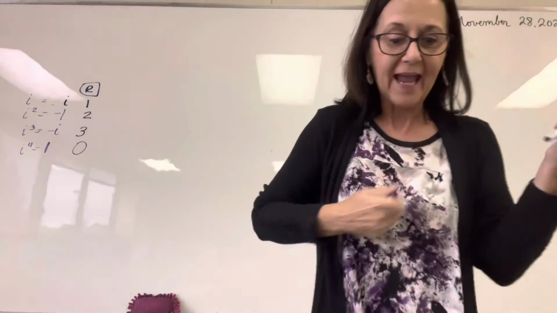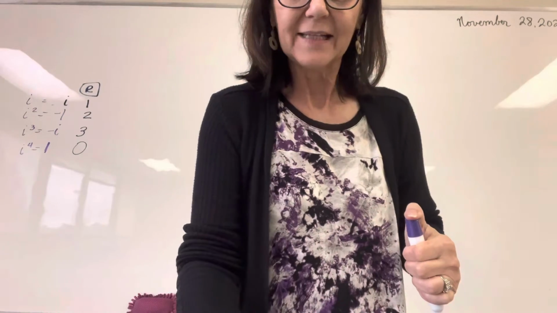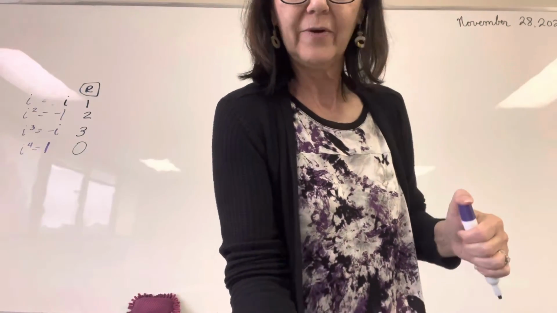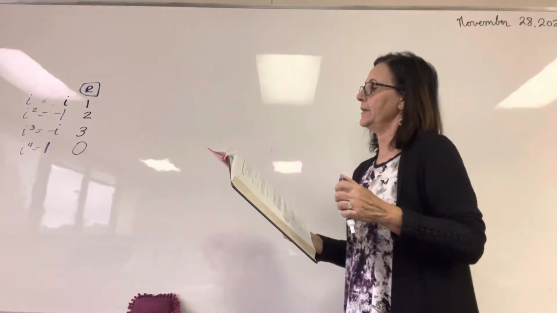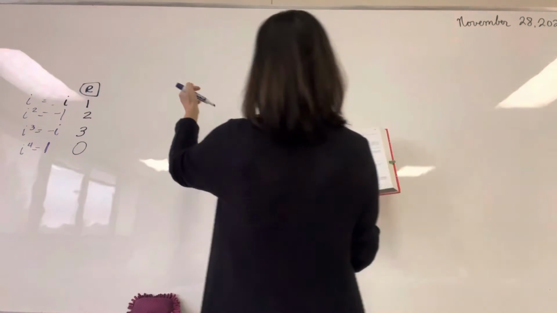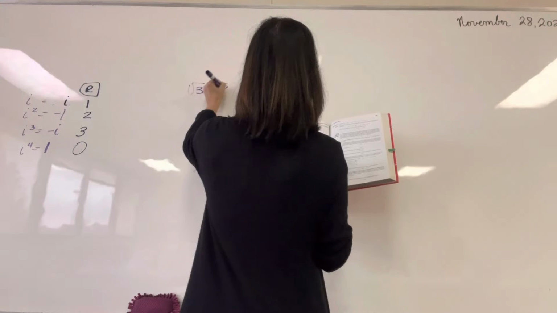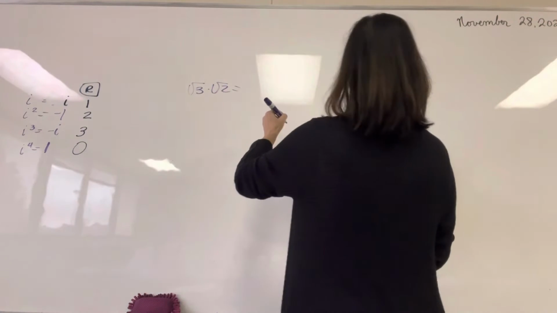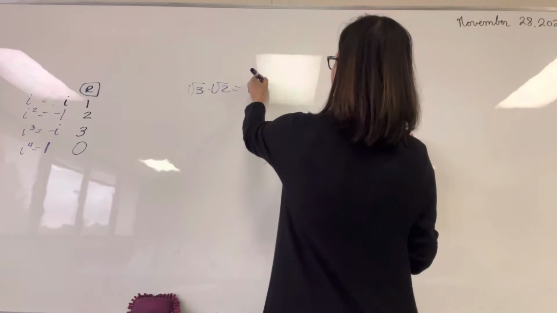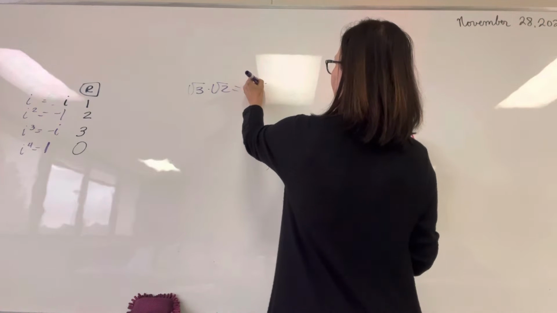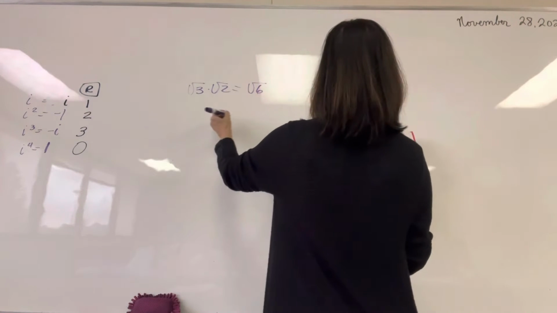Okay, so let's walk through the examples in the textbook. Page 223. Let's start with 1. What's the square root of 3 times the square root of 2? Square root of 6, exactly.